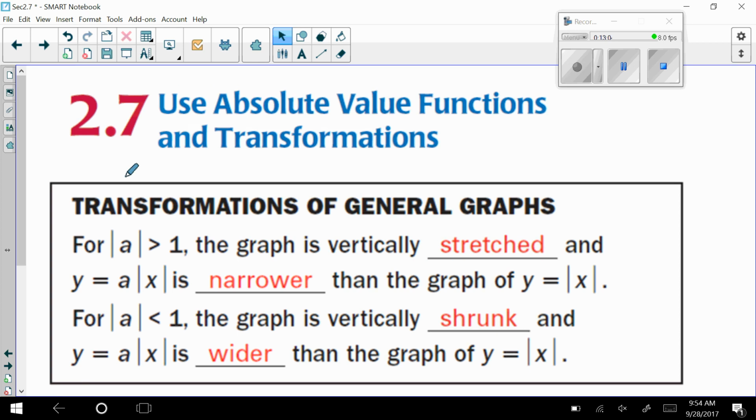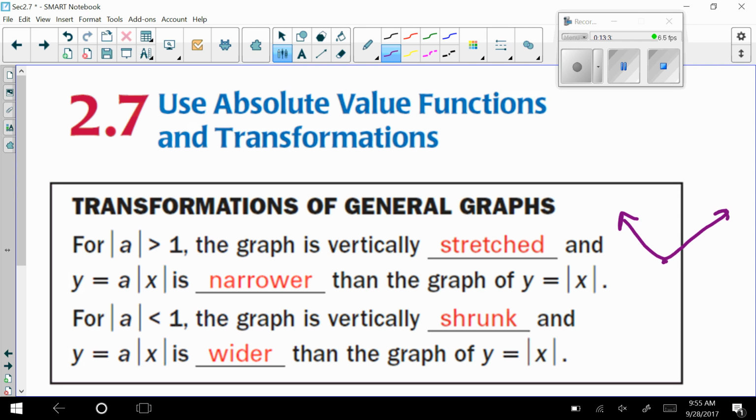So for the absolute value of a, when that is greater than 1, the graph is vertically stretched, and y equals a times the absolute value of x is narrower than the graph of y equals the absolute value of x. So if you can imagine, here's your y equals absolute value of x graph.